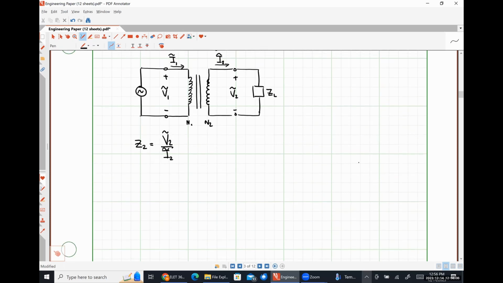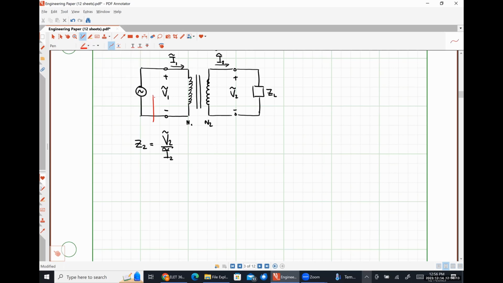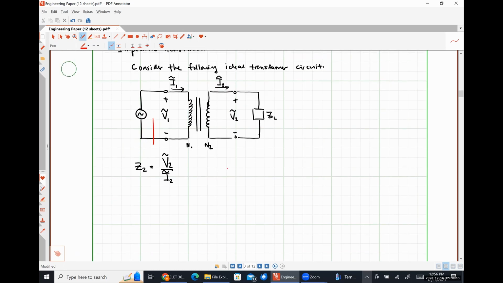The impedance seen looking into the primary windings, I'm going to draw an arrow here. So the impedance seen looking into my primary windings, Zn, is going to be the ratio of the voltage V1 divided by the current I1.